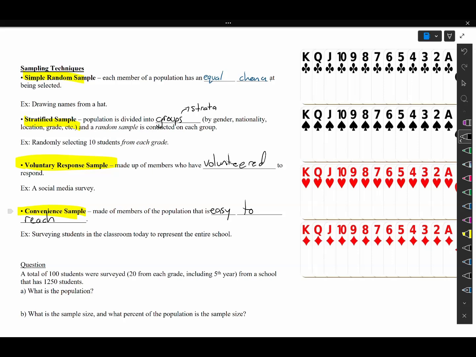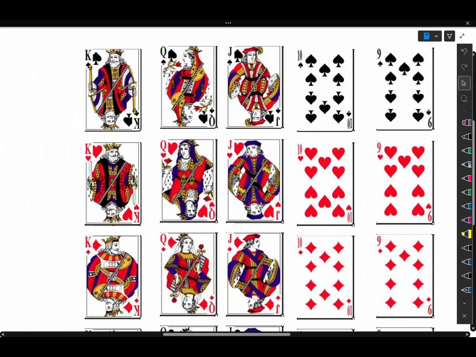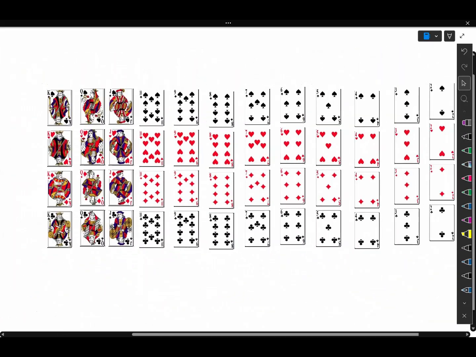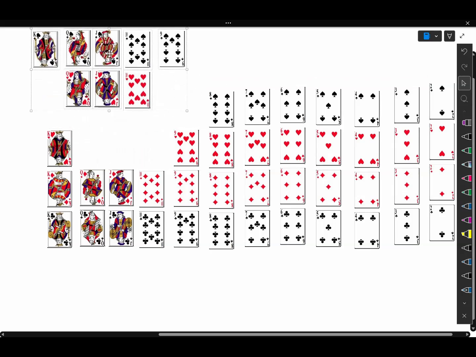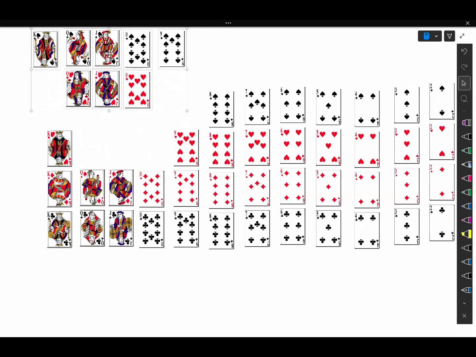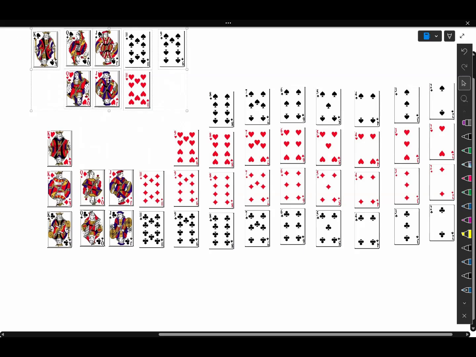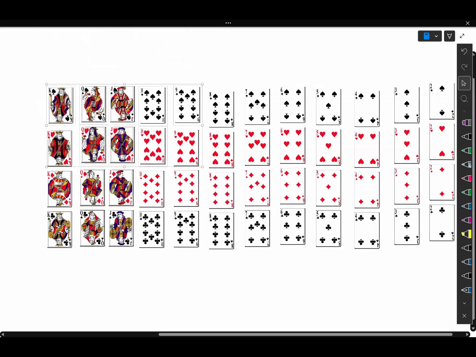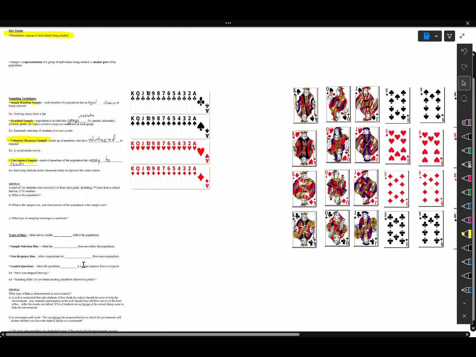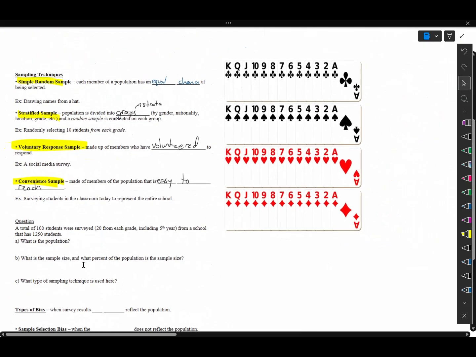If we were working with a nice stack of a deck of cards, those who are easiest to reach are probably those right on top of the deck. Maybe it happened to be sorted already. Those might be the ones that you select. They are just those that are closest to your hand, that are most easily collected. That is called a convenience sample, and that's because it's convenient for you to collect.